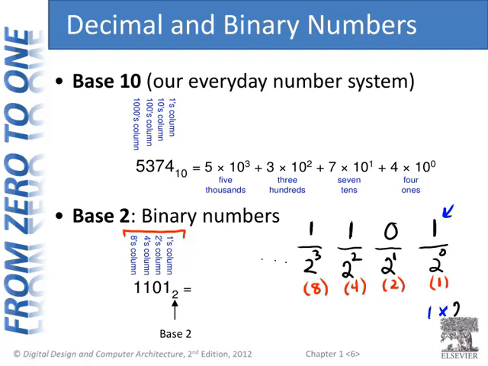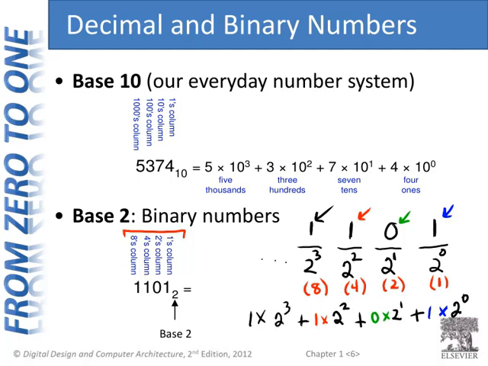So in this case, 1 times 2 to the 0, plus, well, the next one we don't have, 0 times 2 to the 1, or 2, plus, next one, 1 times that column weight, which is 2 to the 2, or 4, plus our final value, 1 times that column weight, 2 to the 3.